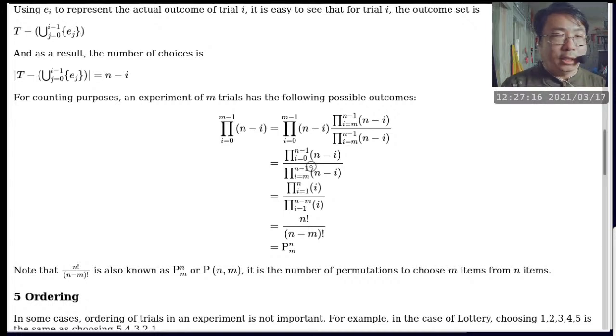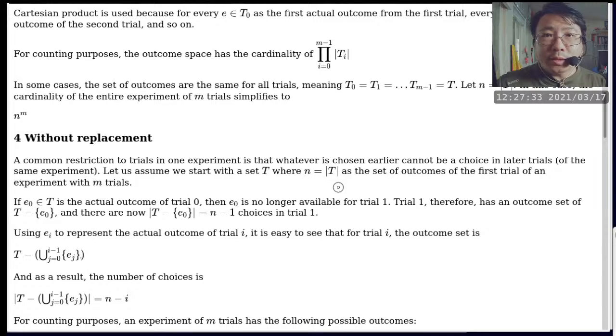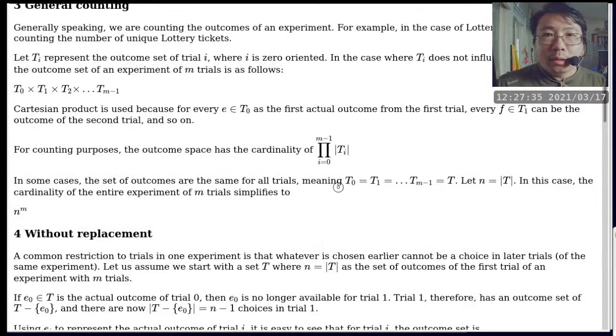Yes, m has to be less than n, because otherwise it doesn't make sense. When you have more trials than you have marbles in a bag, that doesn't make a whole lot of sense. So yes, that has to be assumed. And the inequality is probably stated somewhere. I cannot remember whether it's stated or not.